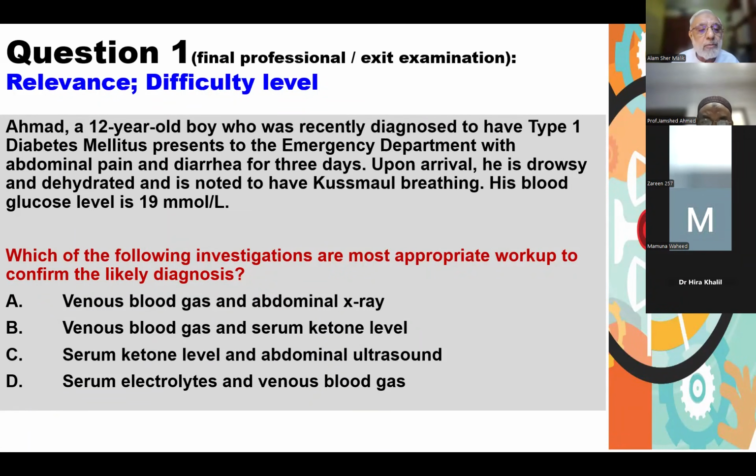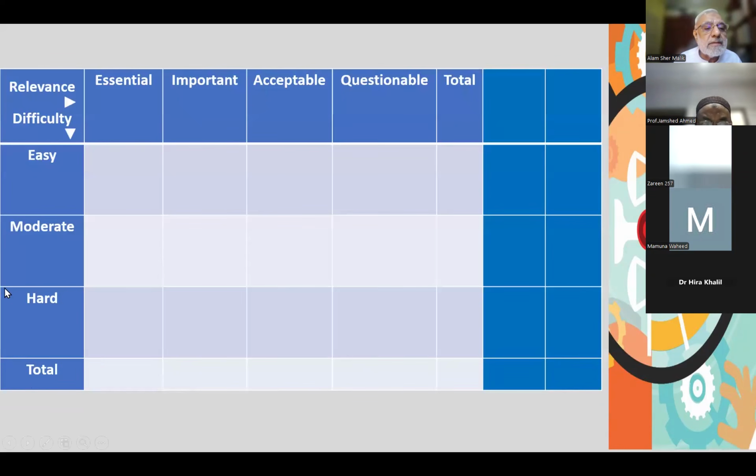If we go back to this table, this is the essential column. Dr. Hira thinks this is moderate, and Professor Jamshed thinks this is easy. So after discussion, when we come to a conclusion, we will put the number there.